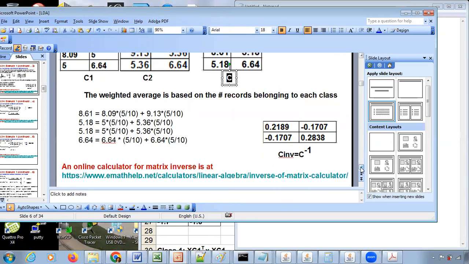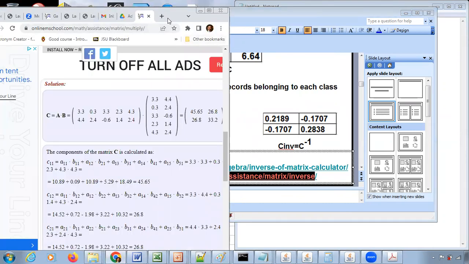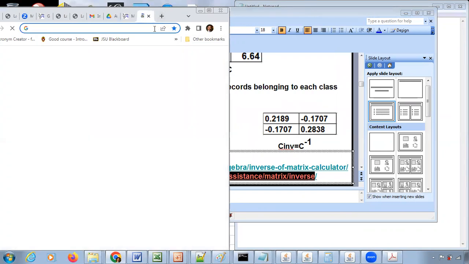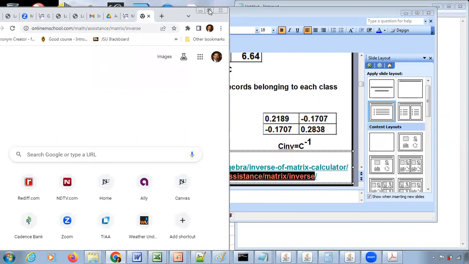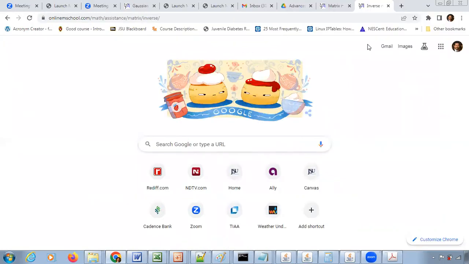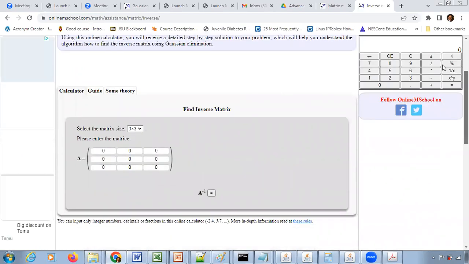And there's an online calculator as well. We can use the same site we have been using for everything. There's another site which I used to use before, but this one is pretty good and easy to enter and get the result. The other site is comparatively tedious, but this is easier.